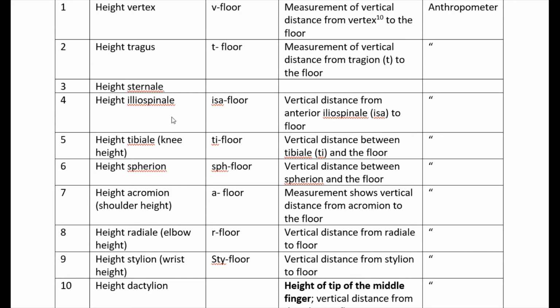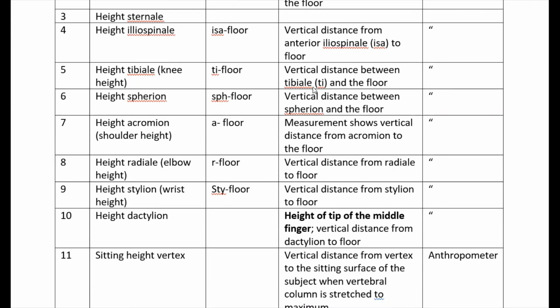Next reading is height iliospinale. Now we'll cover this later. Height iliospinale basically is the vertical distance from the anterior iliospinale to the floor. If you remember, when we were doing forensics and taking up the skeletal anatomy, there was a reference to the iliac spine.